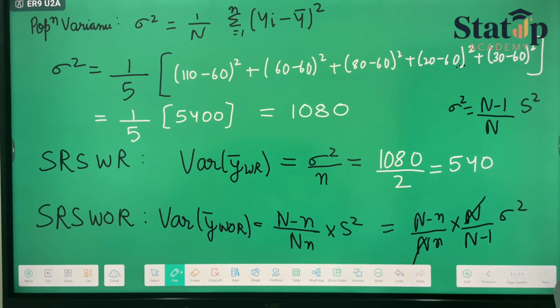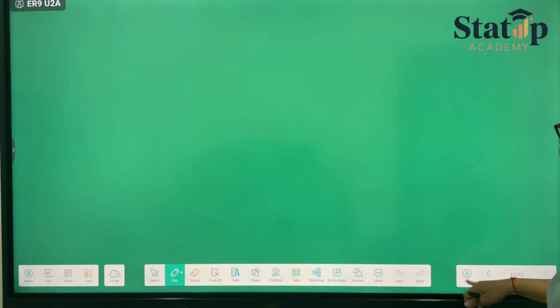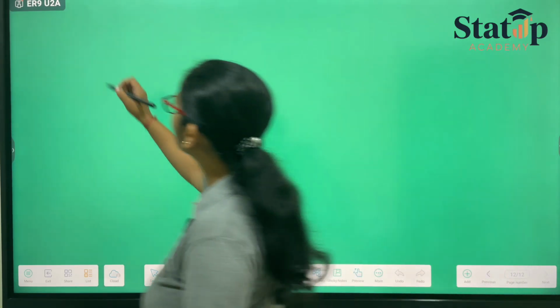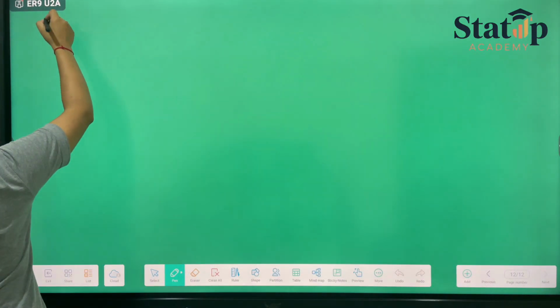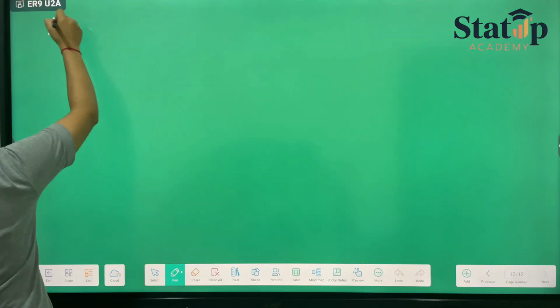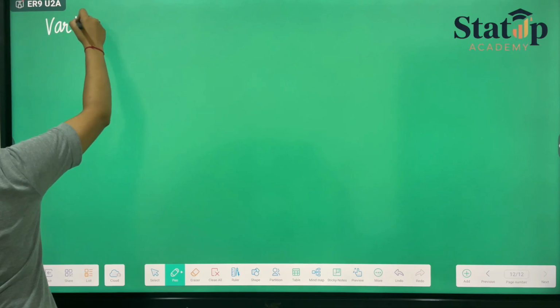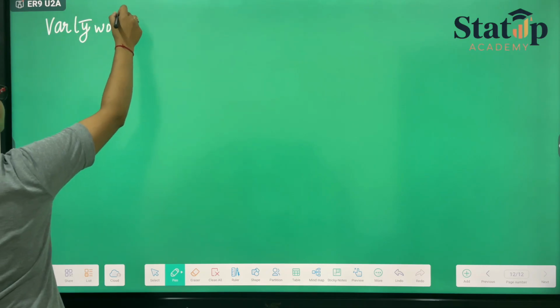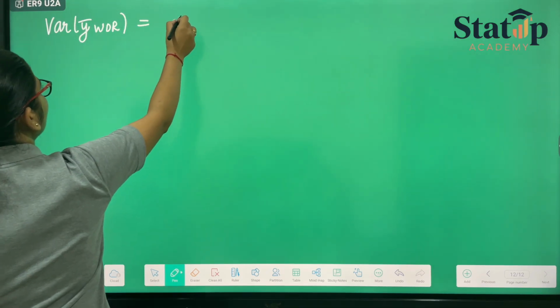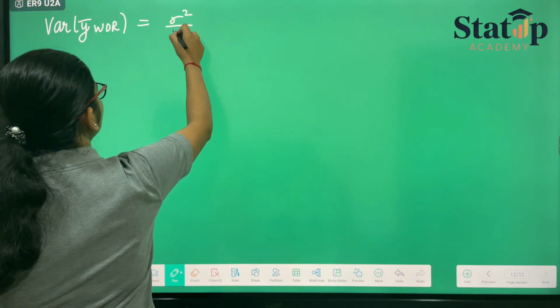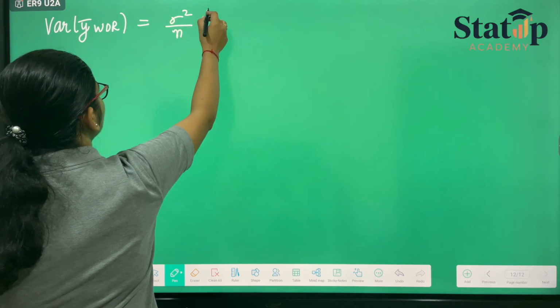Capital N and small n get cancelled and we are left with 1 upon n, sigma square upon n.